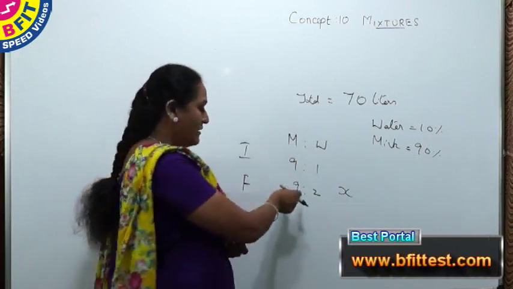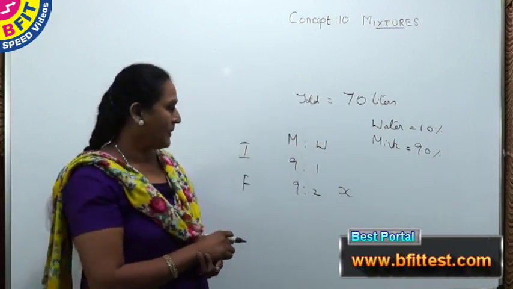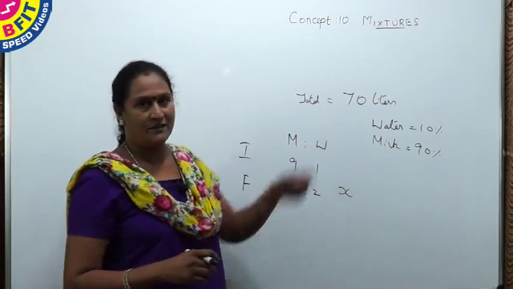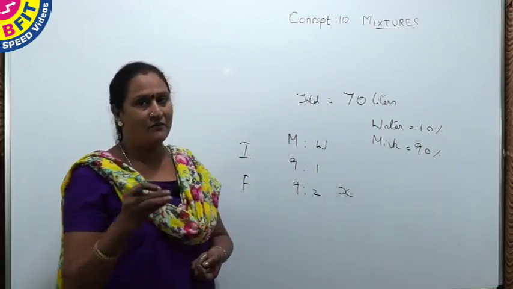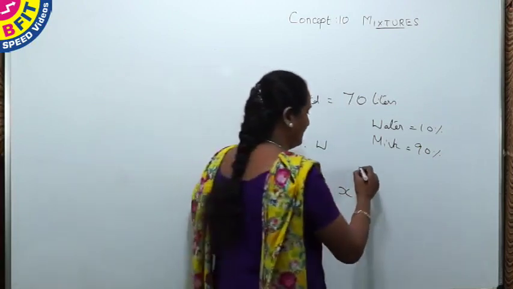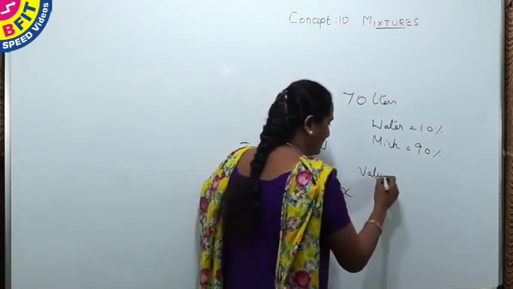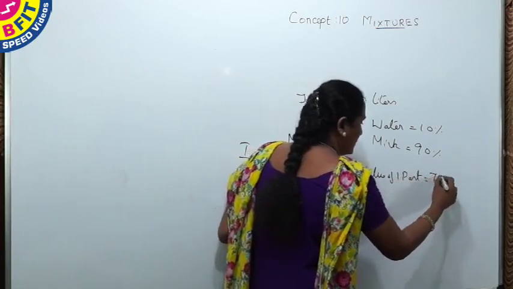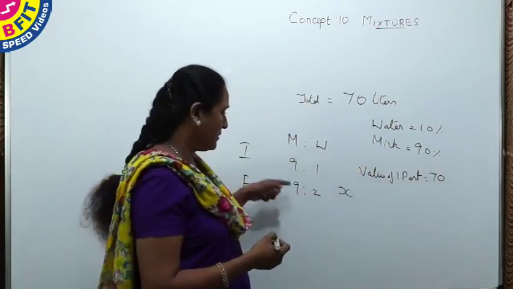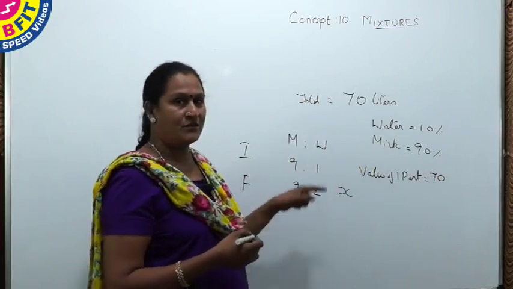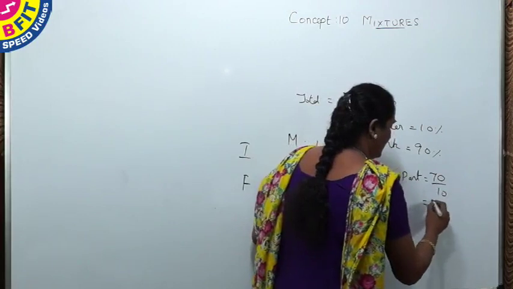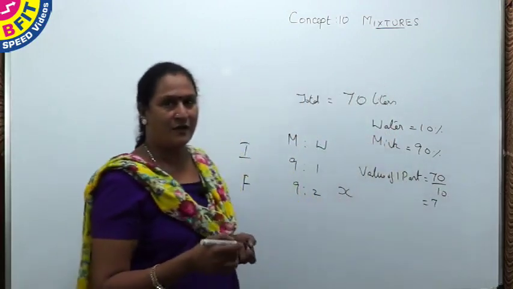So in that, ratio is 9:2. And the ratio we have is 9:1 and total quantity is there. So with this you can find the value of one part. So total 70 liters. So initially there are 9:1, 10 parts. So dividing by 10, we get the value of one part.